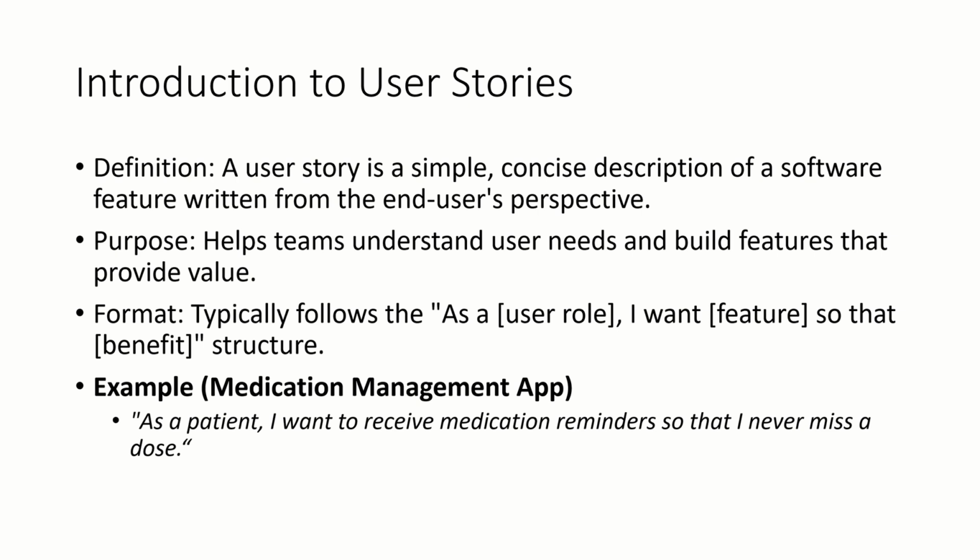I want, okay, what kind of feature? This feature should be actionable. So that, that's the benefit, or so that's a reason. So this is a typical user story. Some user stories have very long scenarios, some keep it simple, but they must have this structure.